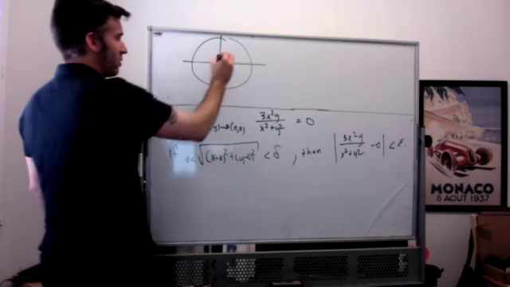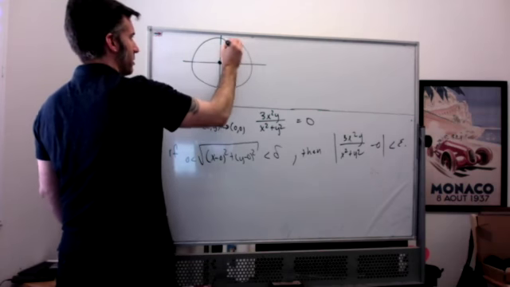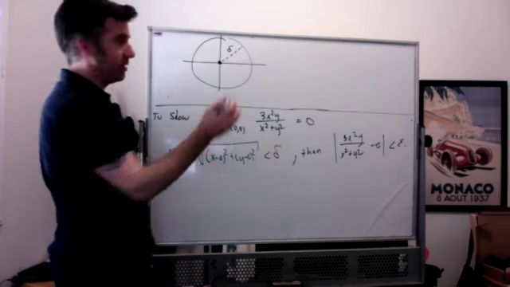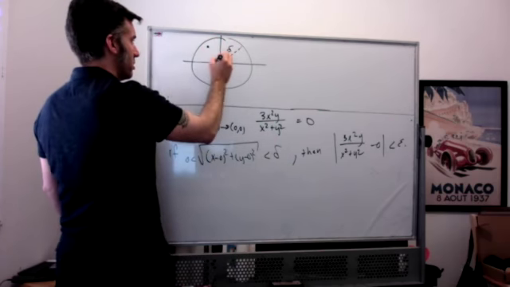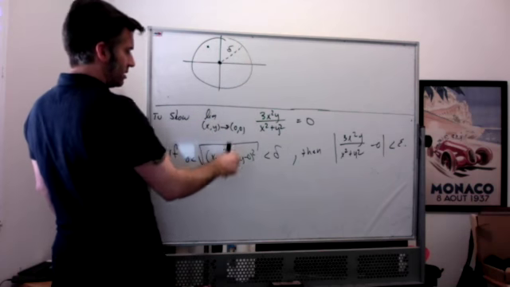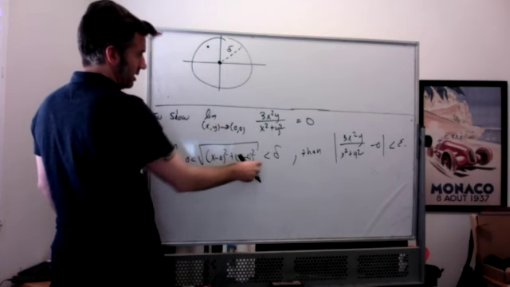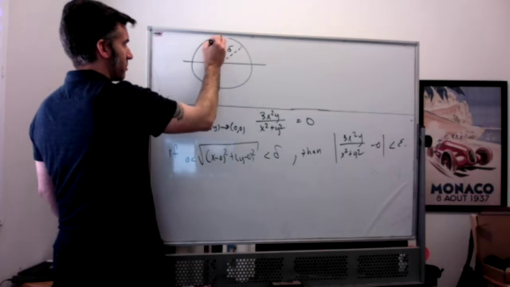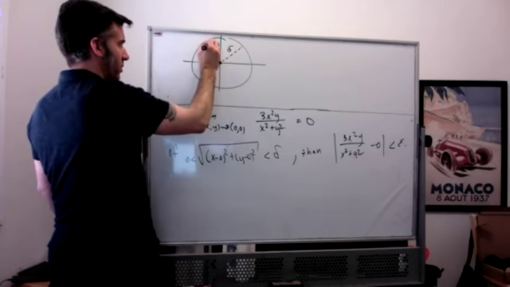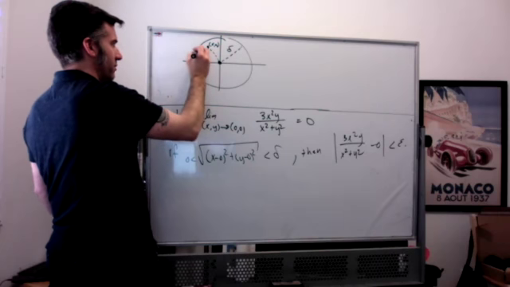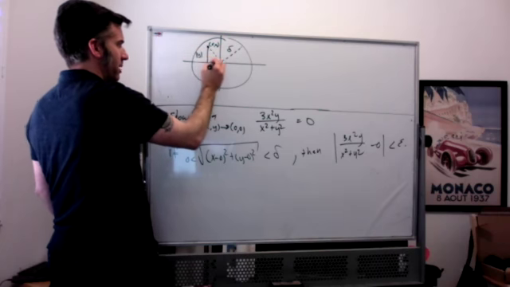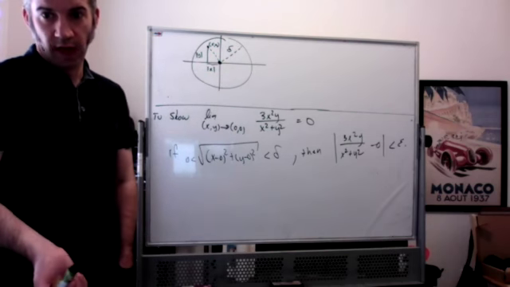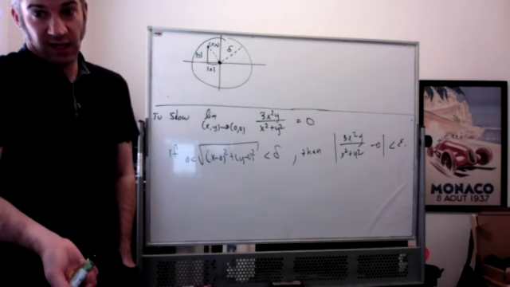Here's a circle of radius delta. And you're trying to say that your x, y coordinate, maybe right here, has a distance less than that value there, where this height is the absolute value of y and this length is the absolute value of x. Okay, so that's the idea.